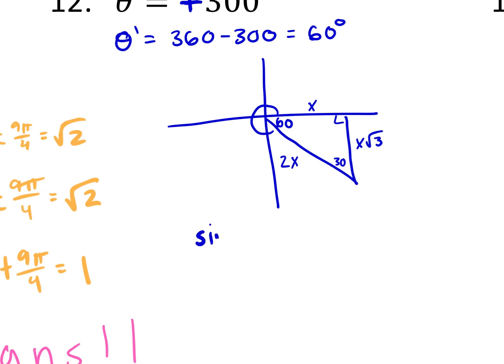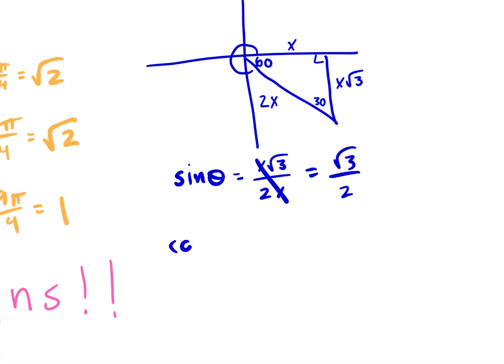So now to find our trig functions. Sine of theta would be what? So it would be x square root 3 over 2x. The x's cancel, so square root 3 over 2. I'm going to save the signs for last and do that last.